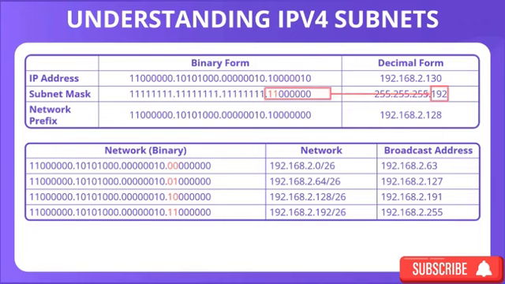So this 8-bit corresponds to 192 in decimal form. Now the network ID is 26-bit. In CIDR notation, it's now a /26 subnetwork. You can find the network prefix by a bitwise AND operation between the IP address and the subnet mask.